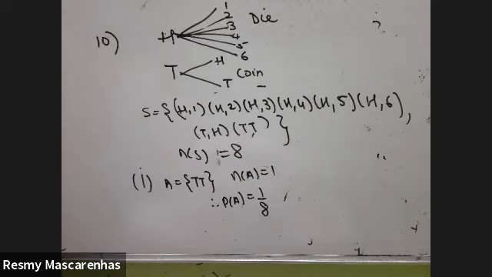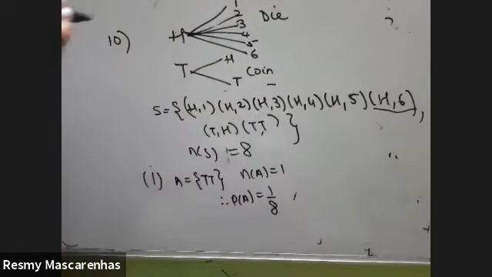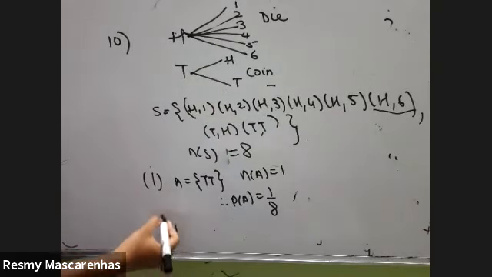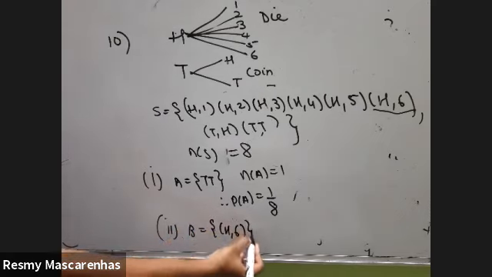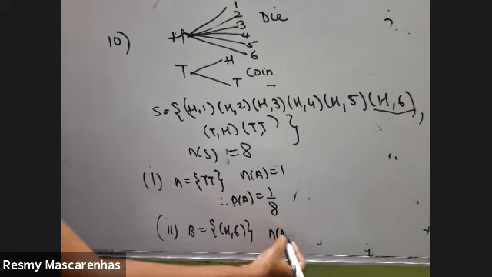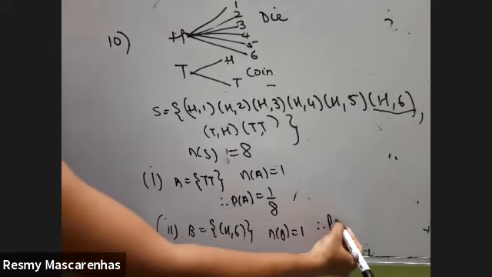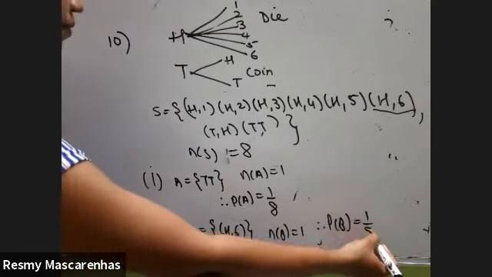Next, a head and a number 6. There is only one option, head and number 6. Just one element. Therefore, P of B is also 1 out of 8.